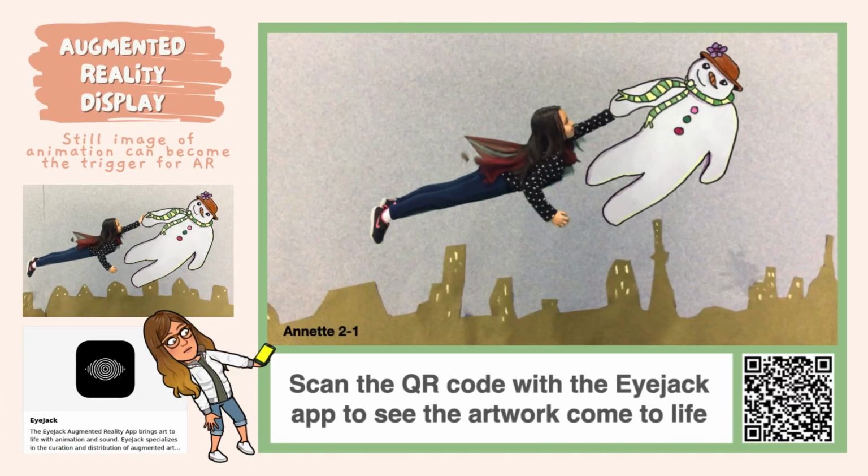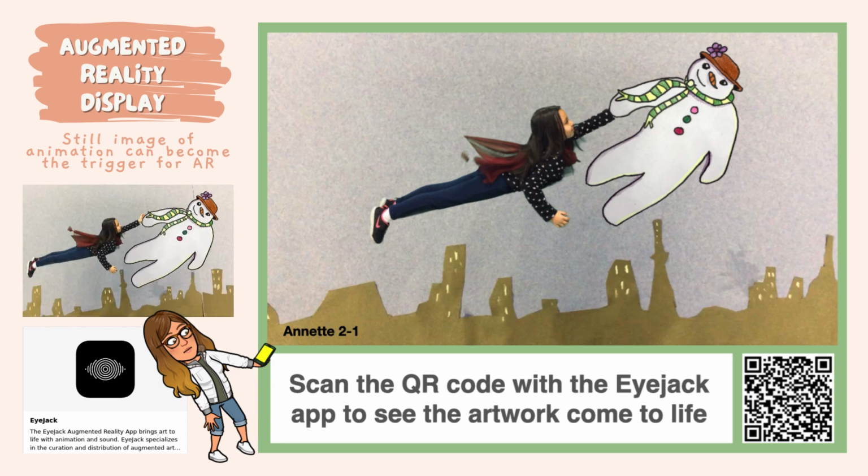And we found that one of the best ways to showcase a transdigital piece of art is through augmented reality. So I use the iJack app to set up augmented reality using a still image of the animation and the animation asset. When you put those two together in the iJack Creator app, it generates a QR code.